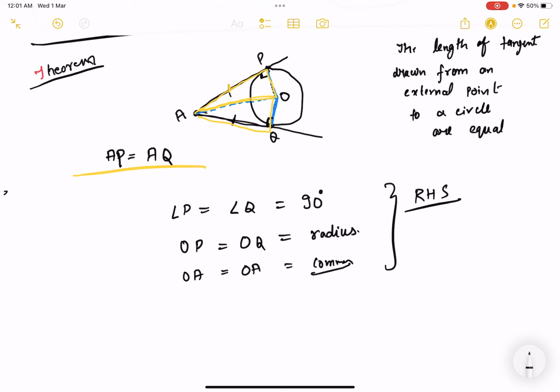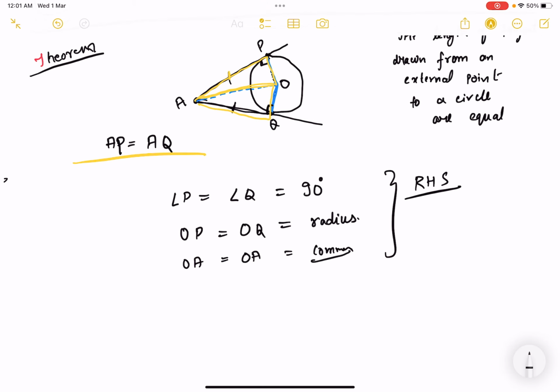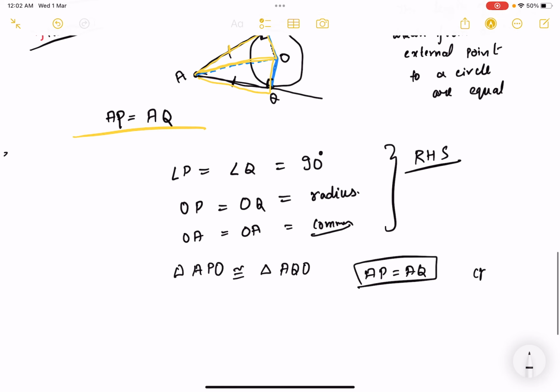Okay, so if they are congruent, then we have triangle APO is congruent to triangle AQO. Hence, we will have AP is equal to AQ by CPCT, congruent parts of congruent triangles.